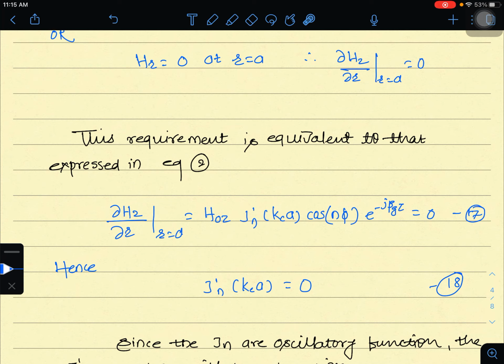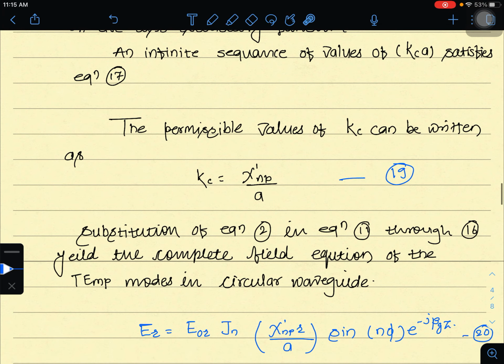Now we just introduce another new factor, that is called the permissible value.